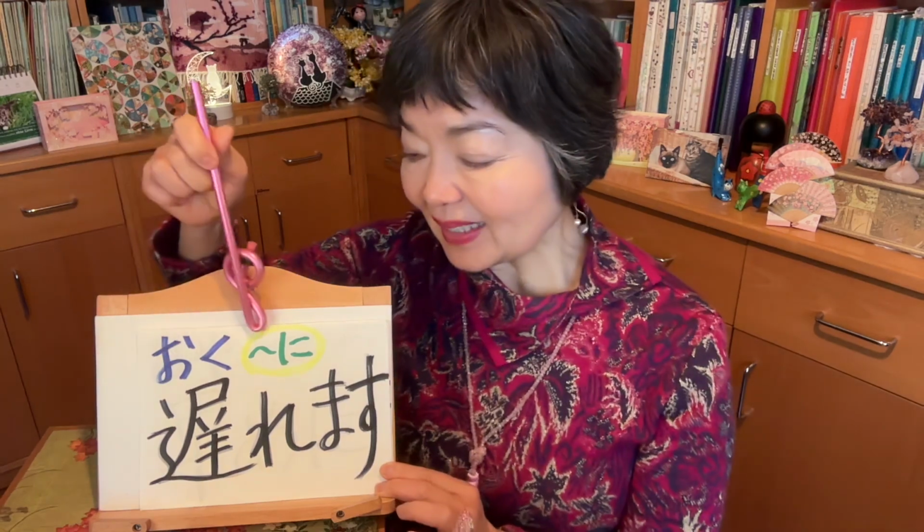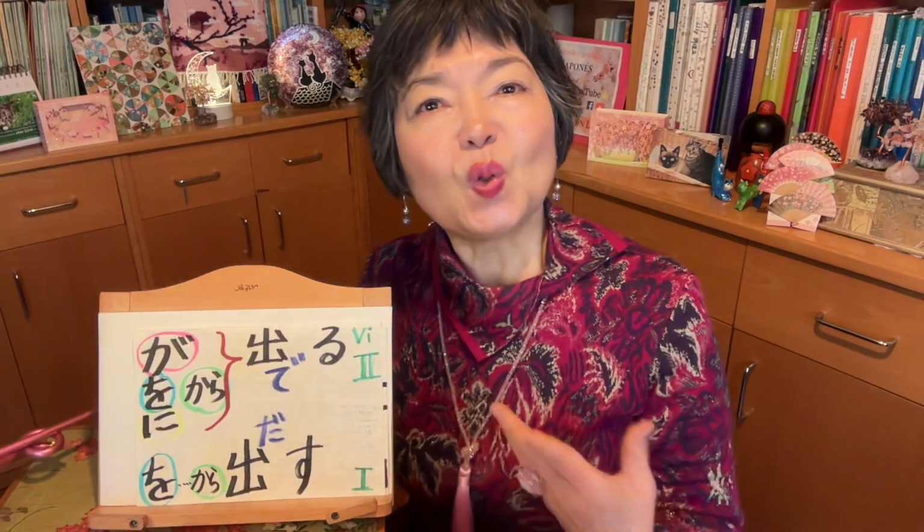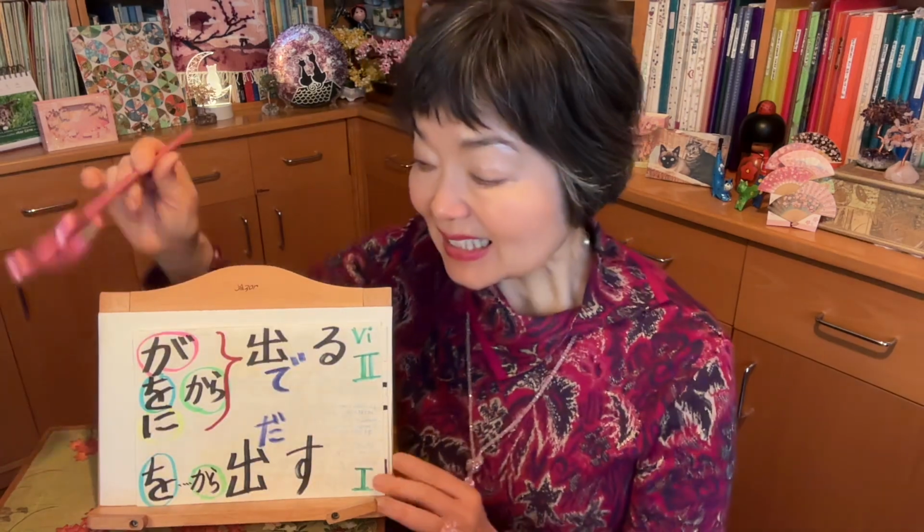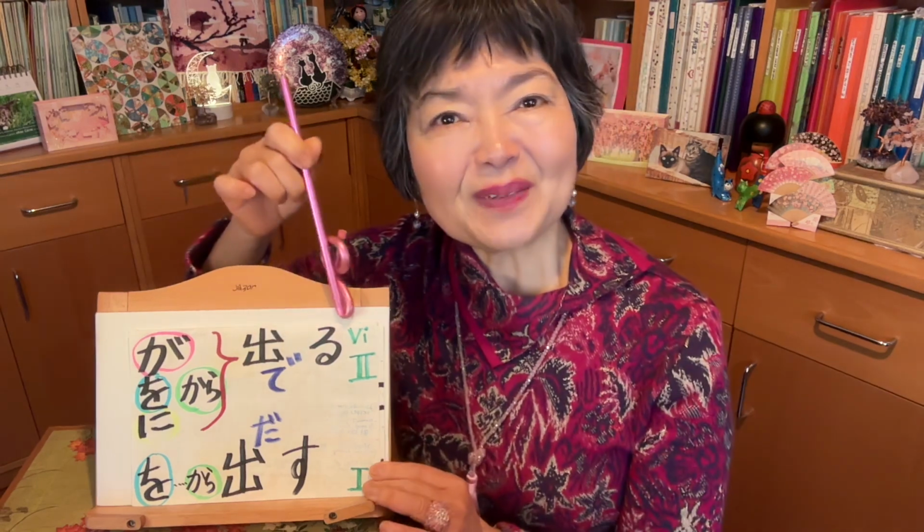promised time. To be late, something に遅れます。Ahead of time, in good time, without delay. 早めに。The promised time, the agreed time. 約束の時間。To go out from some place. Some place を出る。出ます。This verb 出ます is very special.